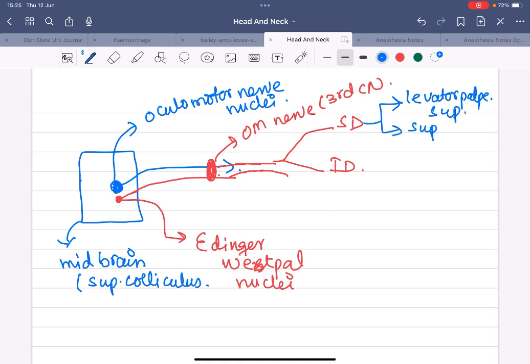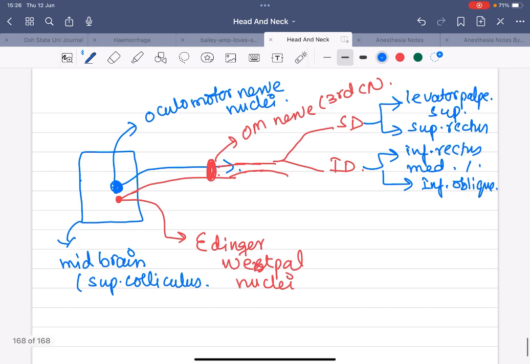The inferior division supplies the inferior rectus, medial rectus, and your inferior oblique muscle. But along with the inferior division, it is also taking the fibers of the ciliary ganglion.